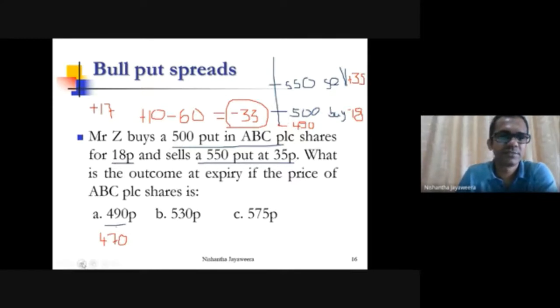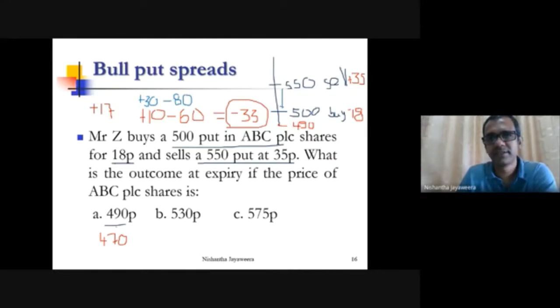So instead of this plus 10, you get plus 30 here. But you pay 80. So whatever the difference would be, 50.